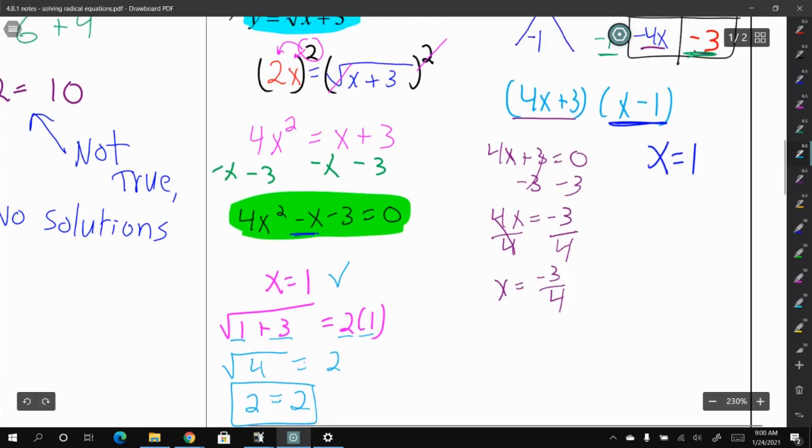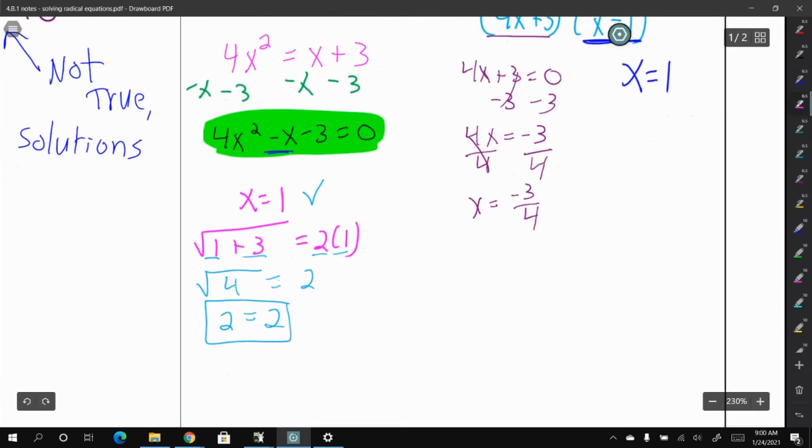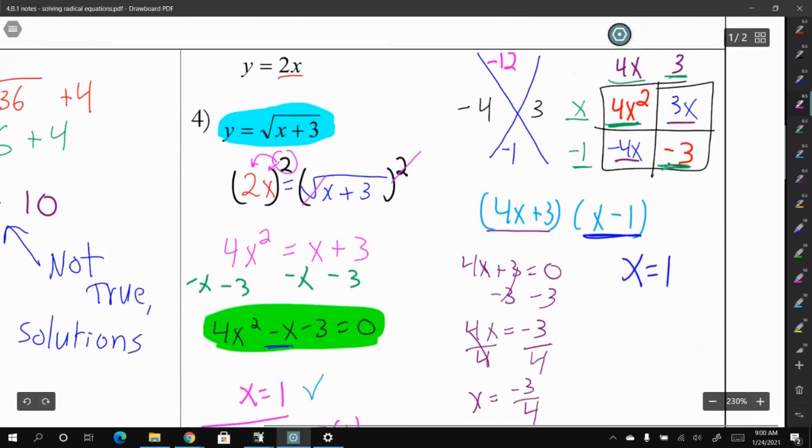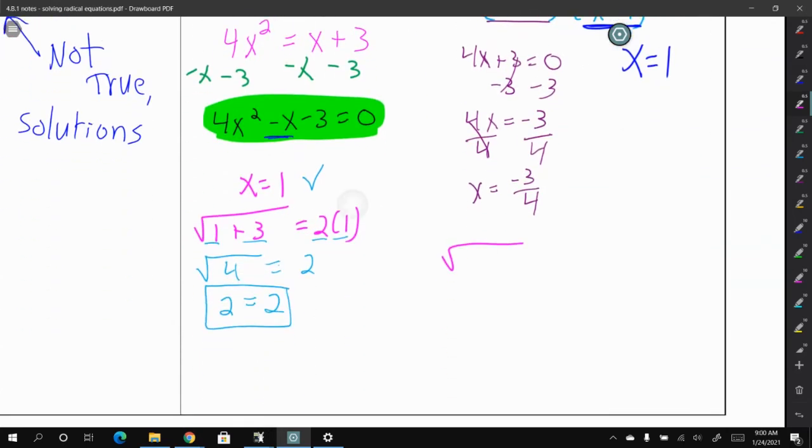Now I'm going to try negative 3/4. So the square root of negative 3/4 plus 3 equals 2 times negative 3/4.